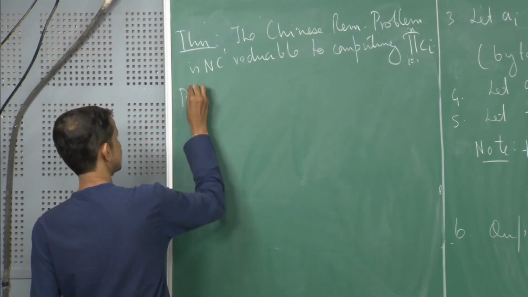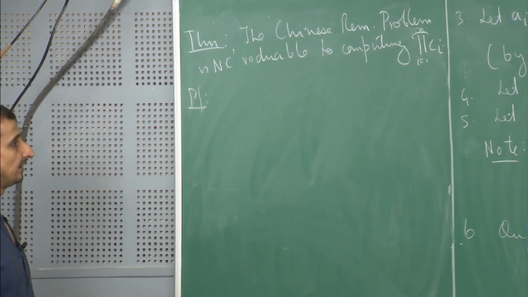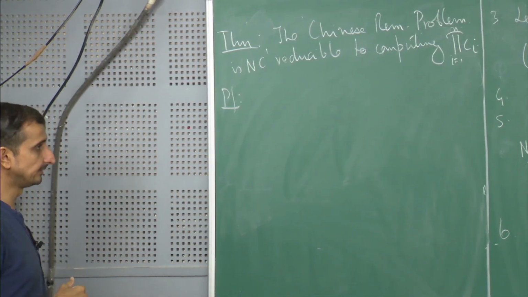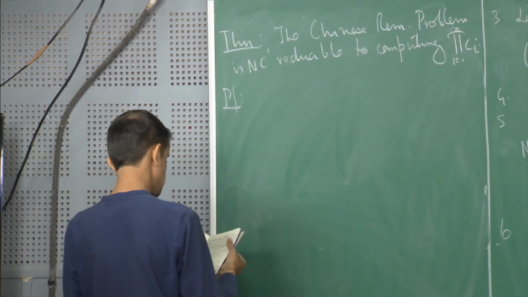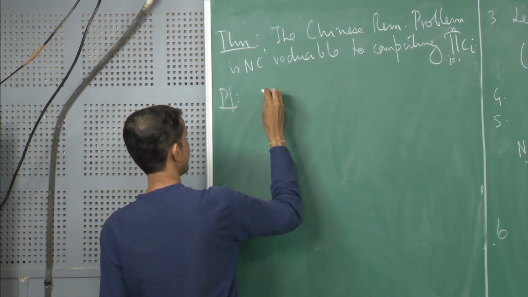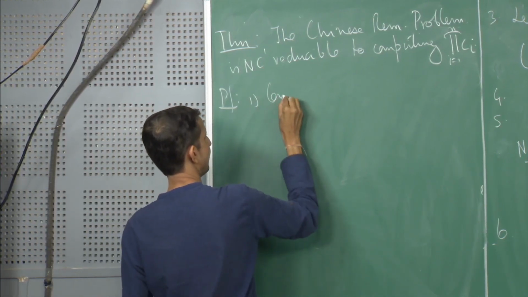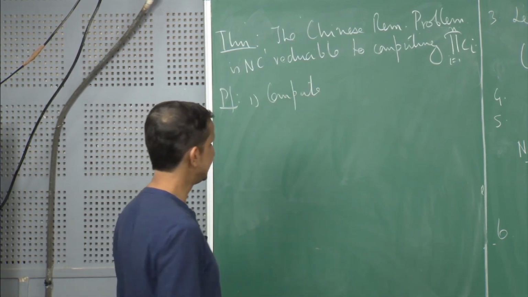So the proof is somewhat similar to what we saw earlier. So again we will basically be operating in this multiplicative ring. Okay, so what we do is first we are given all these ci's.